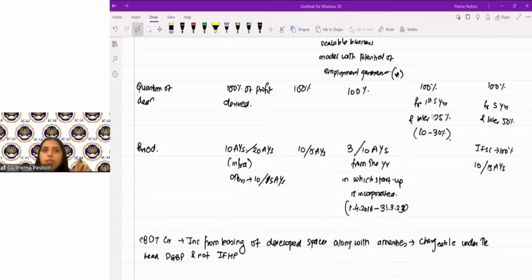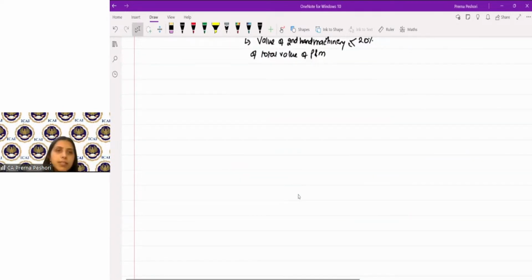Next is in terms of the 10AA. 10AA is not covered under chapter 6A, but since it is similar, I will just cover it over here. 10AA is for the SEZ, with SEZ manufacturer.